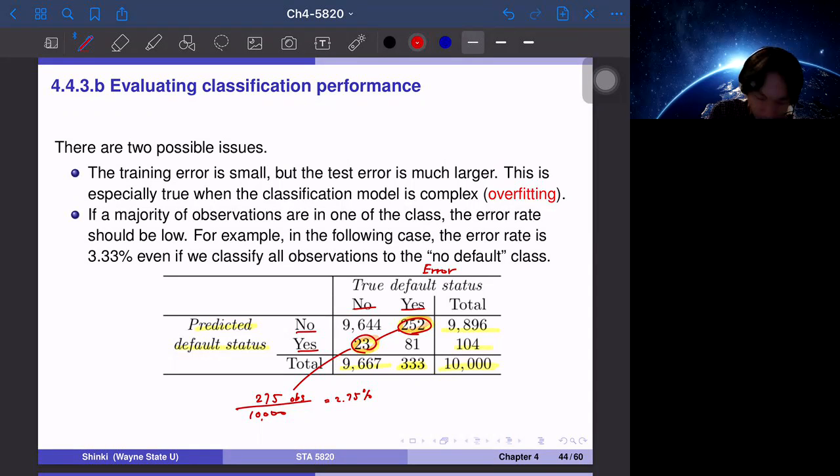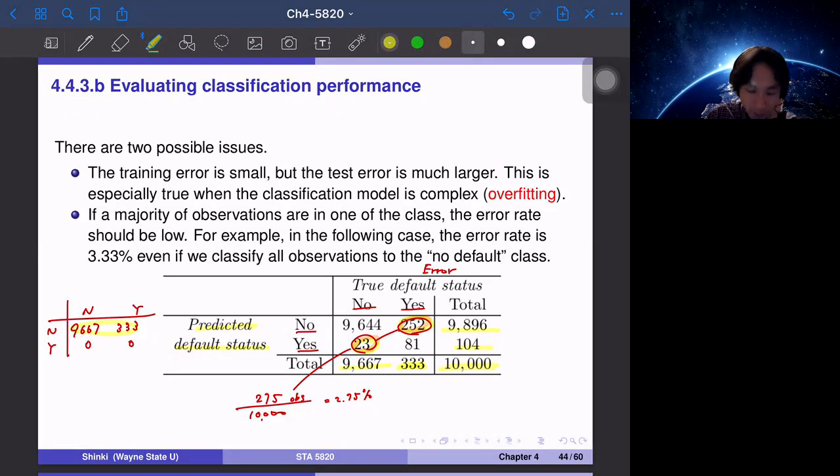So that means the table becomes this. We just predict that no people default. No people are defaulted. So then actually the table becomes this.